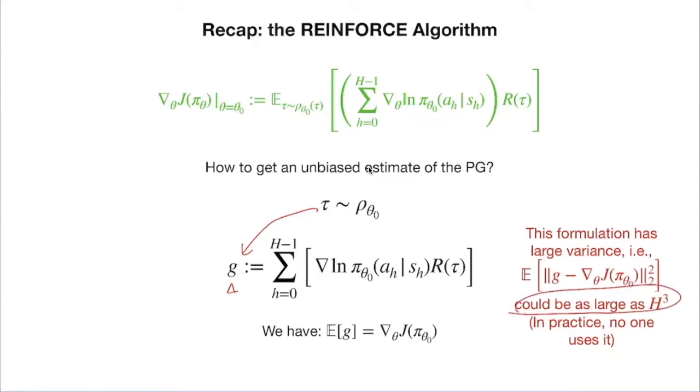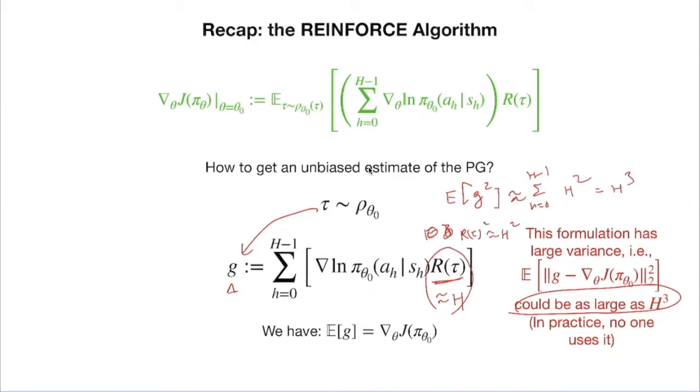One of the reasons is this term is roughly around h, because this is a summation over the entire trajectory. When we take the expectation of g squared, because we care about variance, which is the second moment, this is roughly equal to the summation from h equal to 0 to h minus 1 of h squared. So that's why I roughly get an h cubic variance.